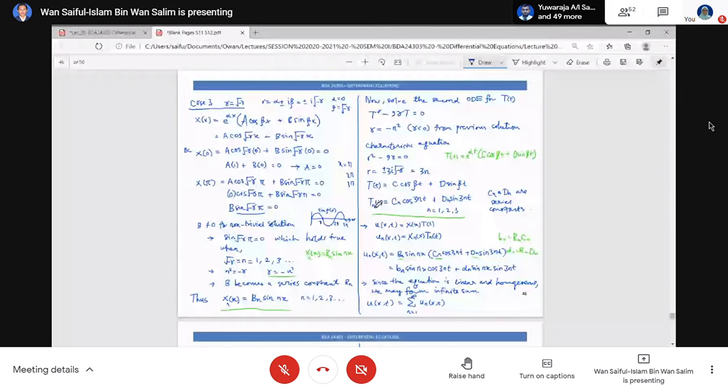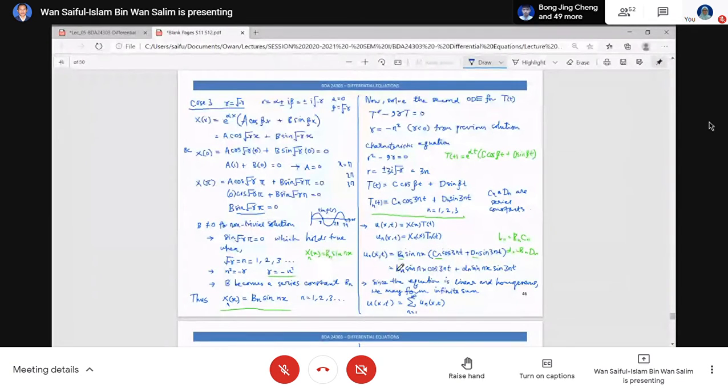So you have u x of t equals this X, b sub n sine nx, times T, which is c sub n cosine 3nt plus d sub n sine 3nt. Again, if you multiply b sub n times c sub n, this is a series constant multiplying another series constant, and a constant times a constant is just another constant.